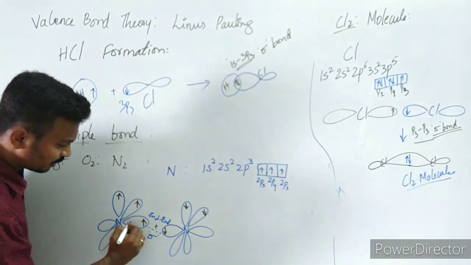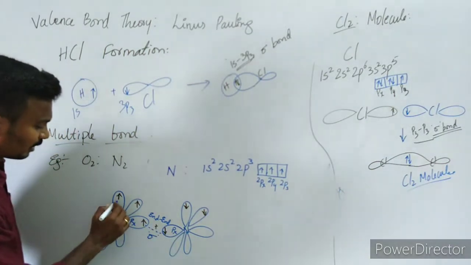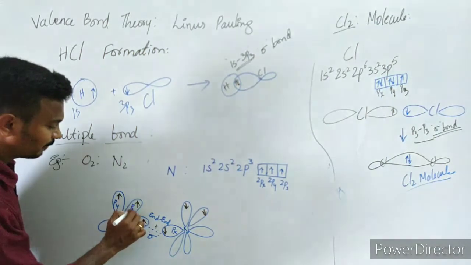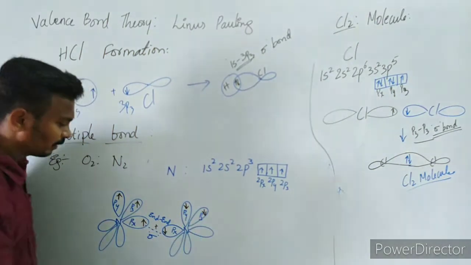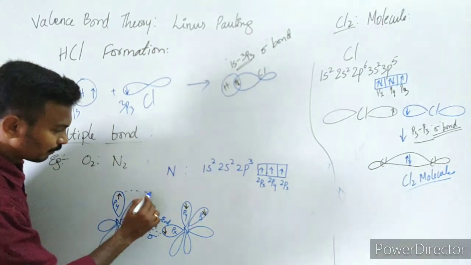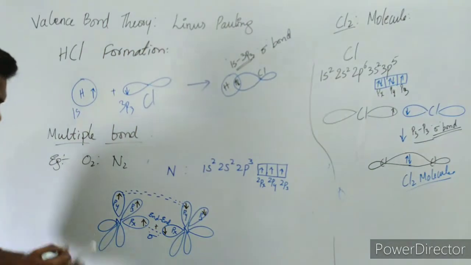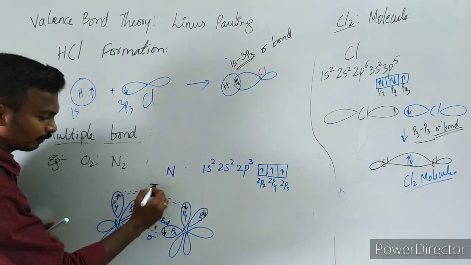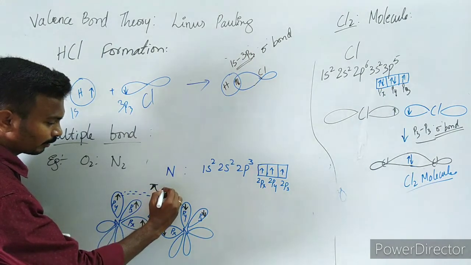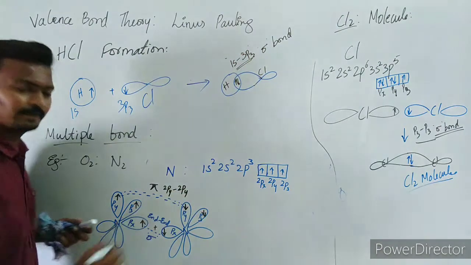Now let us assume that this is px, and this has py, this has pz, this has py and this has pz. This py will overlap with another py atomic orbital and this will form one pi bond, which is of 2py, 2py.